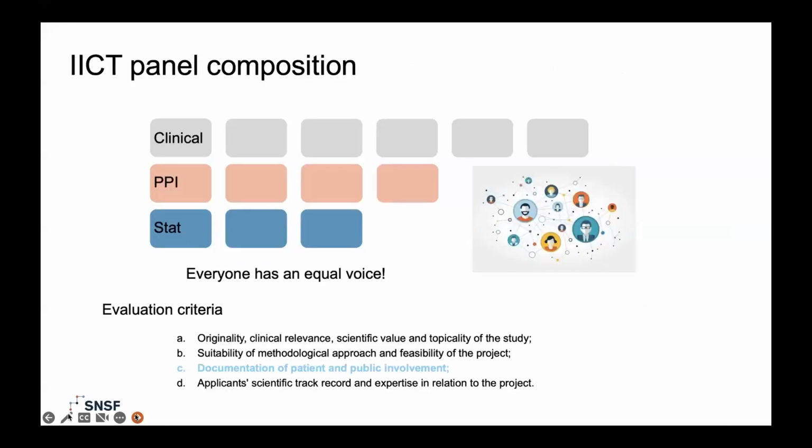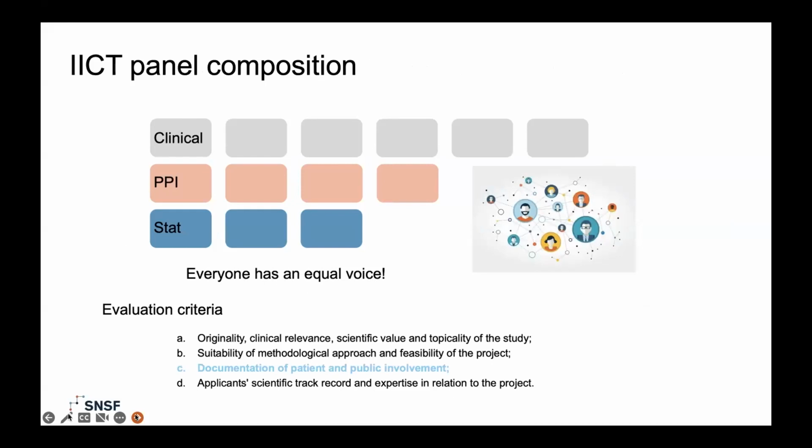Here below I've shown the evaluation criteria, just to show that we have 4 evaluation criteria and patient public involvement is one of them. So it's a significant portion of the evaluation of your grant. And on the top, I have the panel composition.